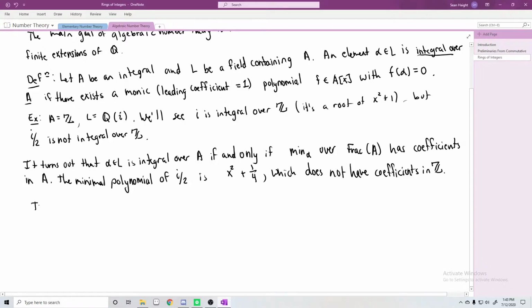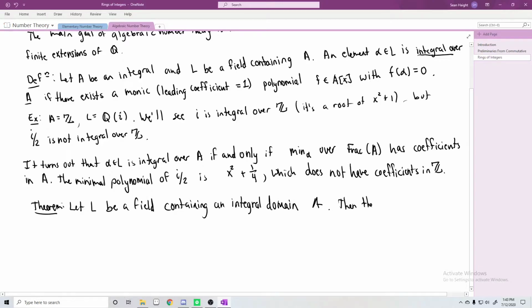So, theorem: I'm going to let L be a field containing an integral domain A. Then the elements of L which are integral over A form a ring.